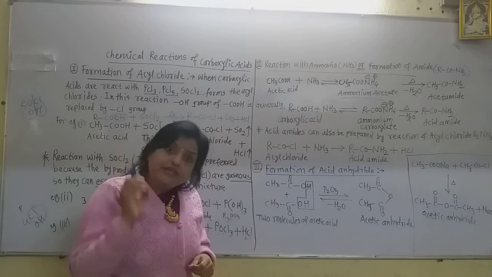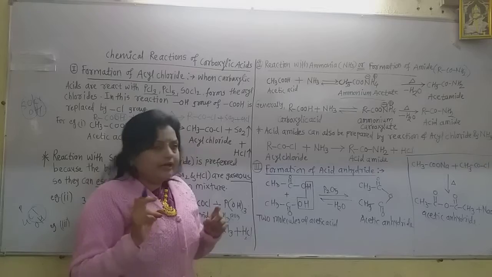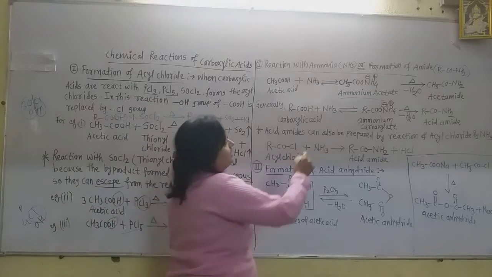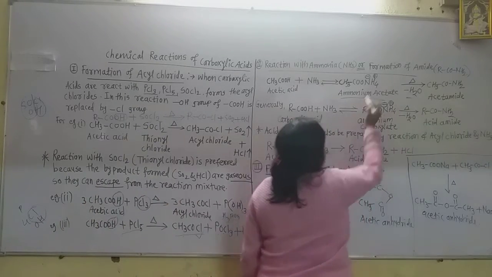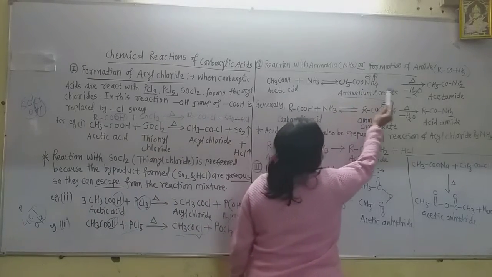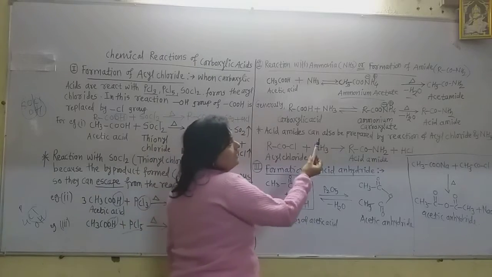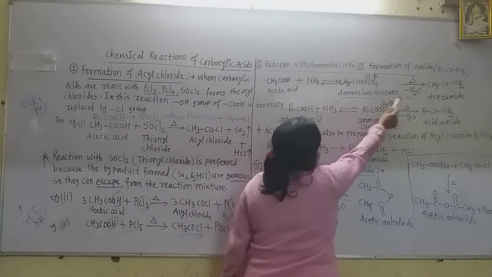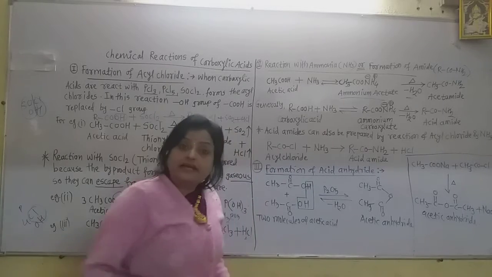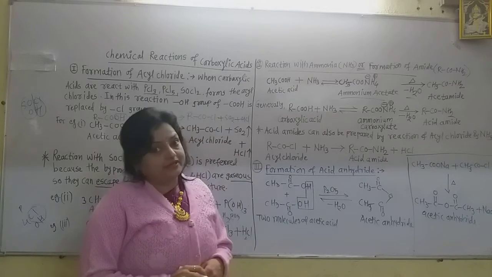But if we heat that ammonium acetate, 2 hydrogen atoms and 1 oxygen atom form a water molecule. Out of the 4 hydrogens, 2 hydrogens and 1 oxygen form the water molecule, and the water molecule gets removed, and there is only CH3CONH2, that is the amide, formed. This amide is called acetamide.